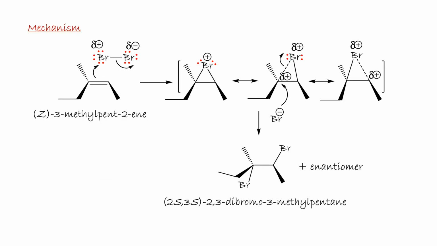Mechanism for this reaction: if we start with Z-3-methylpent-2-ene, the electron cloud of the pi bond will attack the partially positive Br, kicking Br minus out, leading to the formation of a bridged bromonium ion, which is in resonance with these two structures.